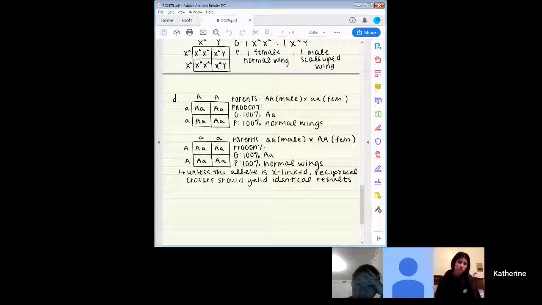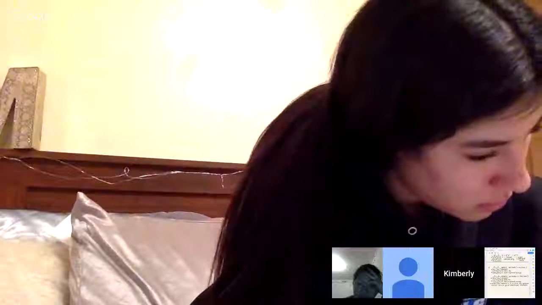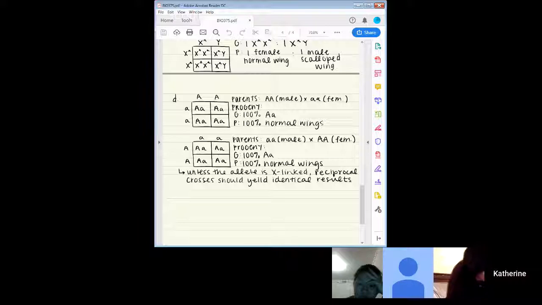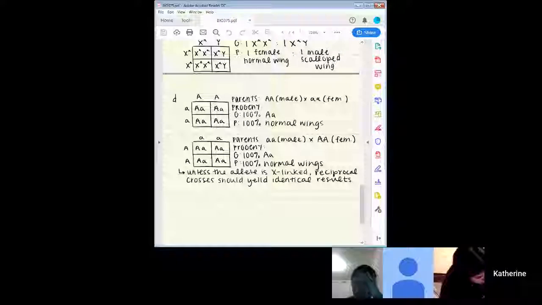Okay, so where is it, oh, it's going to be way down here. Okay, reciprocal crosses are useful genetic tools that can determine if the alleles that control a trait are found on one of the autosomes or on the X chromosome.